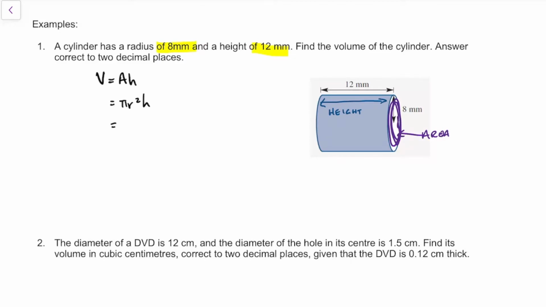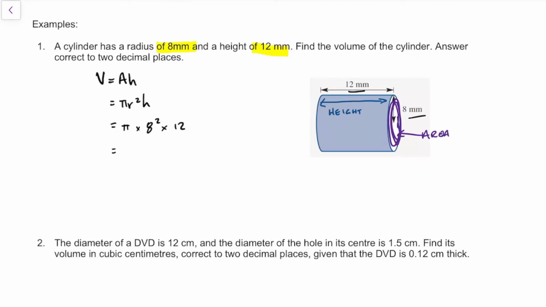Now all we have to do is substitute in. So we've got pi. Pi is just its own number, so it gets to stay. Times r, so the radius is 8 millimeters, so it's 8 squared. Times the height of 12, and then we calculate that out.